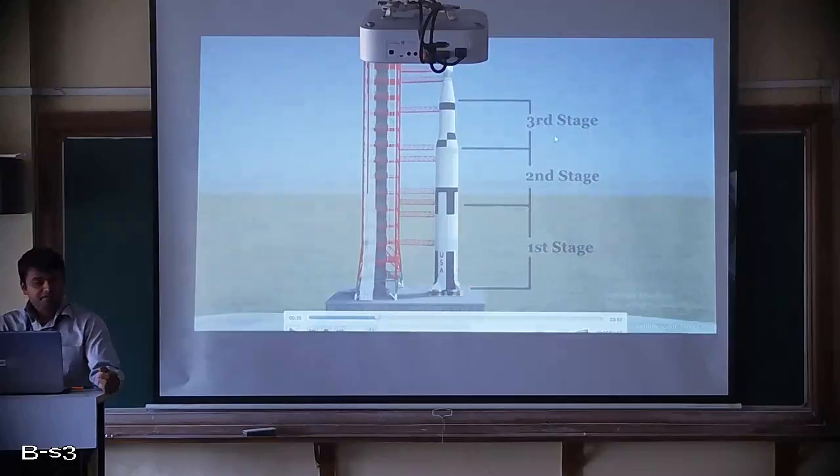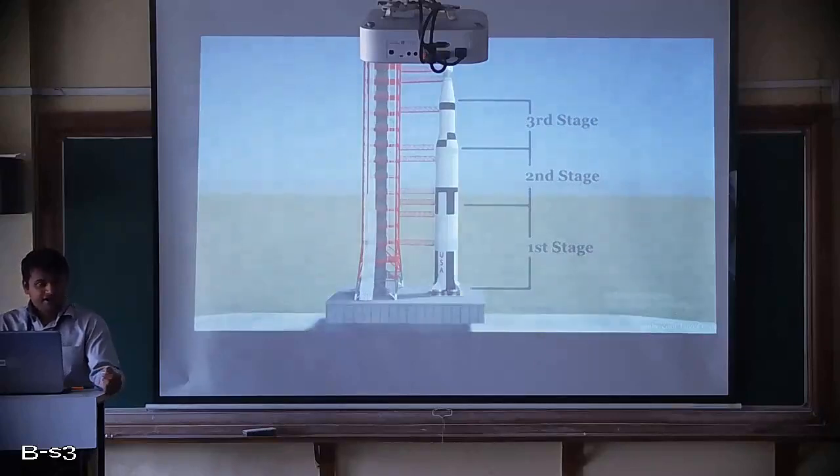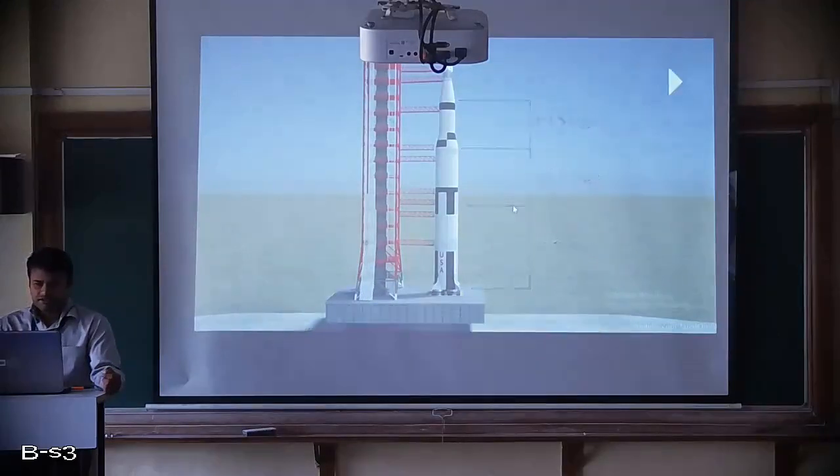See, as I said, multiple stages are required for the rocket to take off. You can see that this is stage 1, stage 2, stage 3.